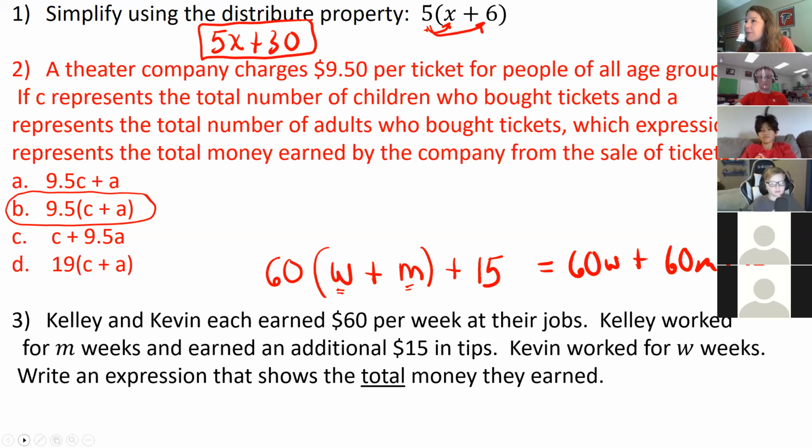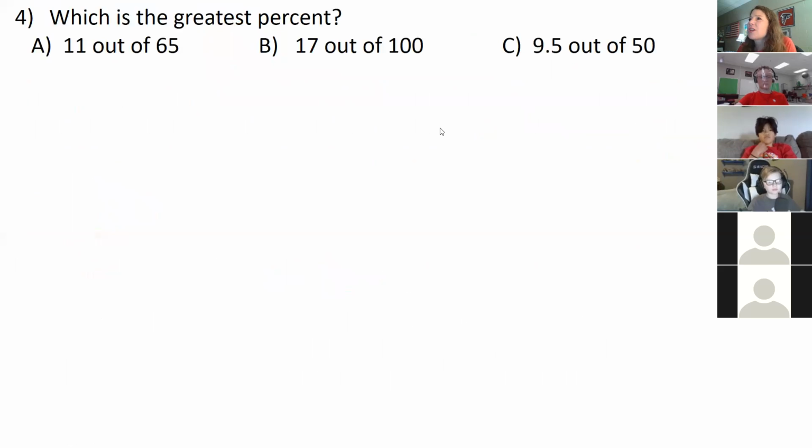Awesome. Thank you. Here we go. All right. Which is the greatest percent? How are we going to turn these into percents? You multiply by 0.65 or 0. Never mind. Kevin knows.